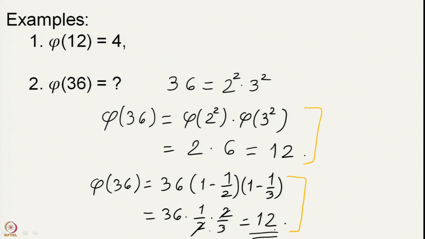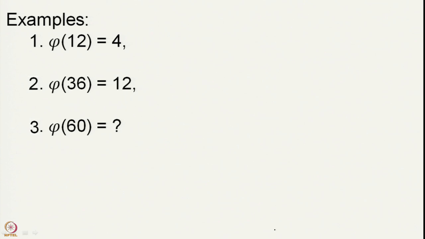What we have obtained is phi 36 equal to 12, and I hope that you also got the same answer. Let us do one more problem, the Euler phi function on the number 60. So, I will give you one more minute to think about this problem and then we will see the solution.